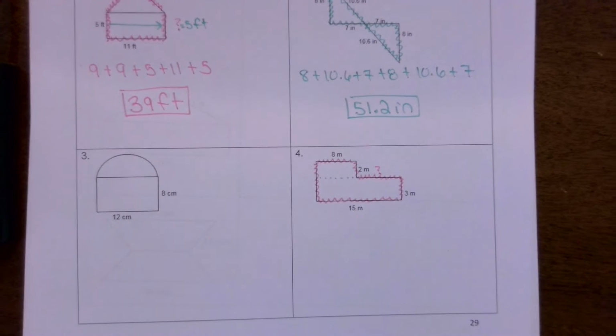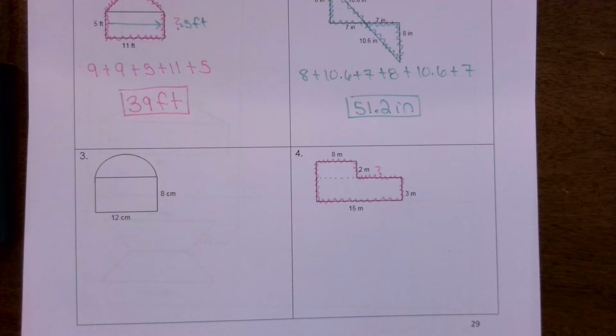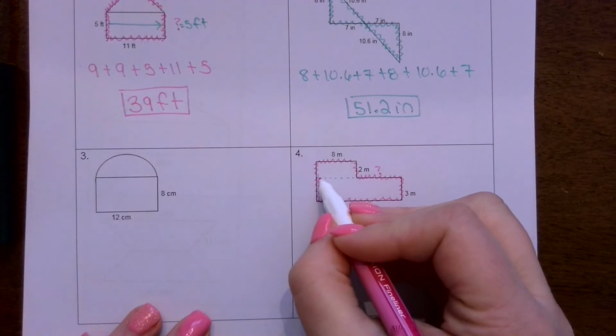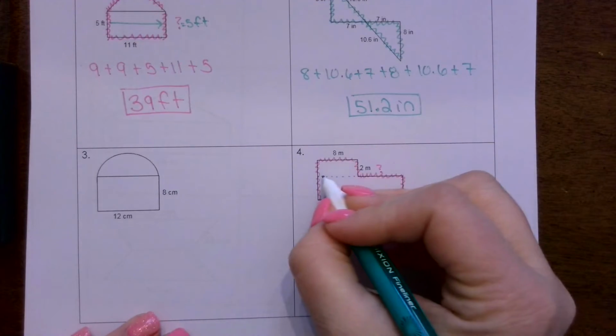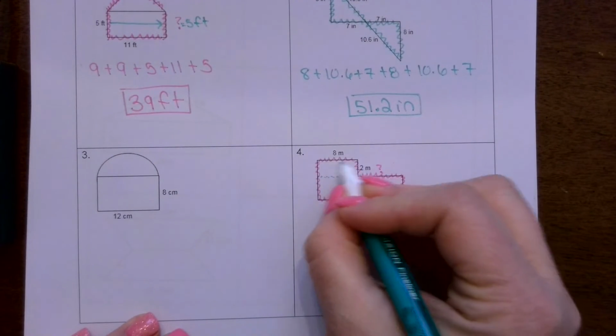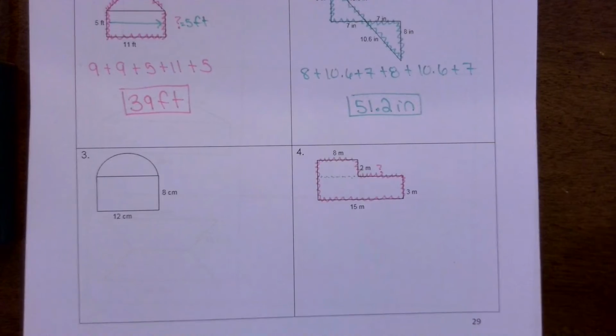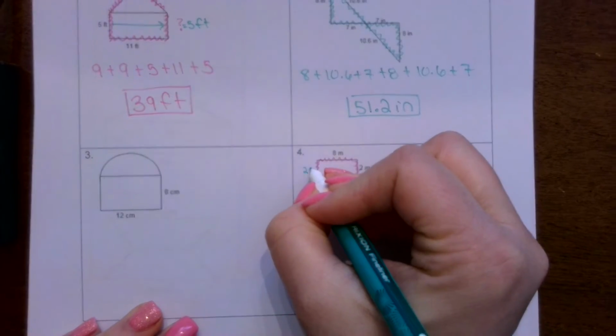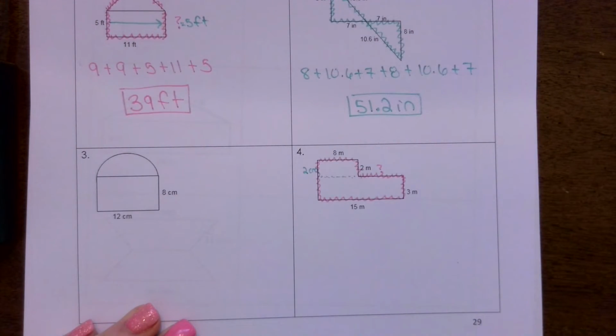So let's remember that I can use my understanding of rectangles and other shapes to find missing measurements. If this is a rectangle, I know that this little piece right here should be 2 centimeters, right?